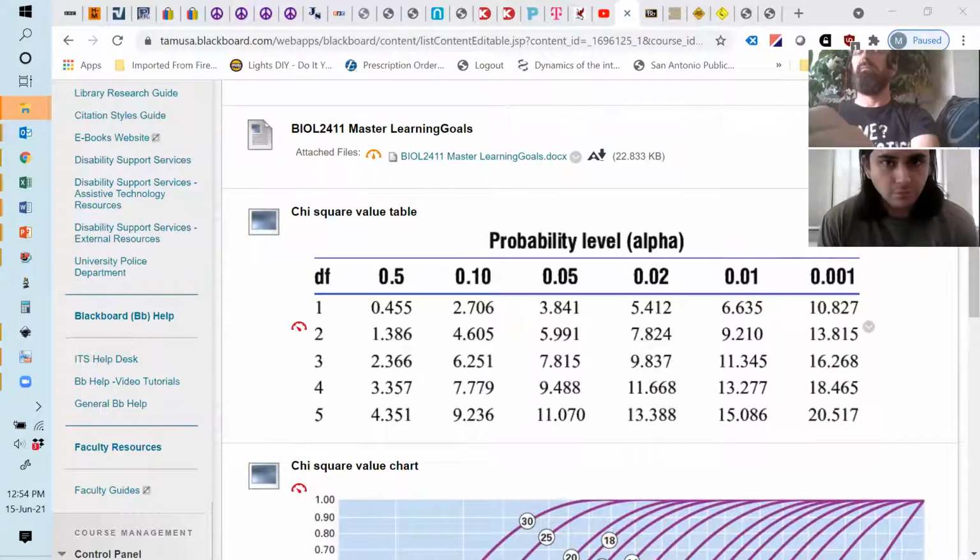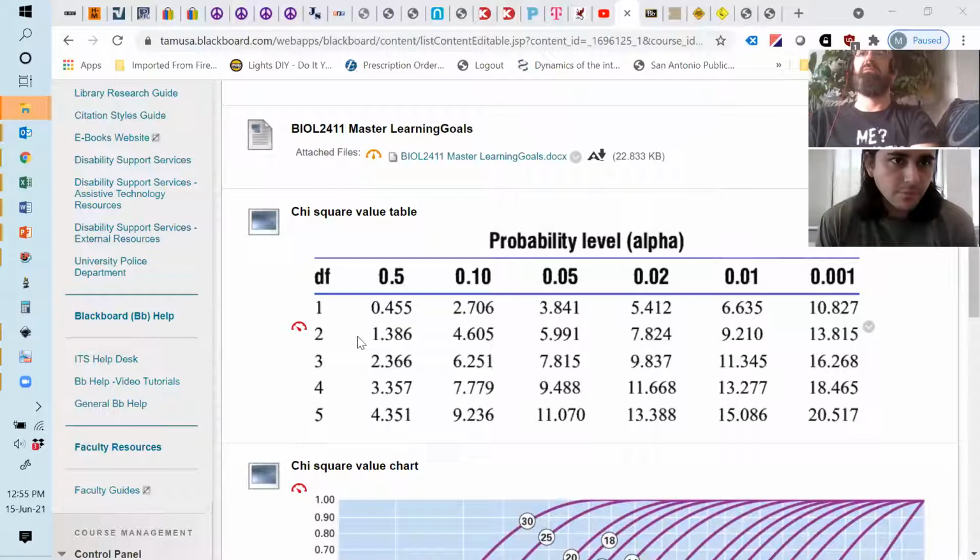And for getting the DF, it's n minus 1. Where did we get the n from? The n is essentially the number of calculations you did. So we have heads and tails, 2 different calculations, and it's 2 minus 1. So that's what the n really is.